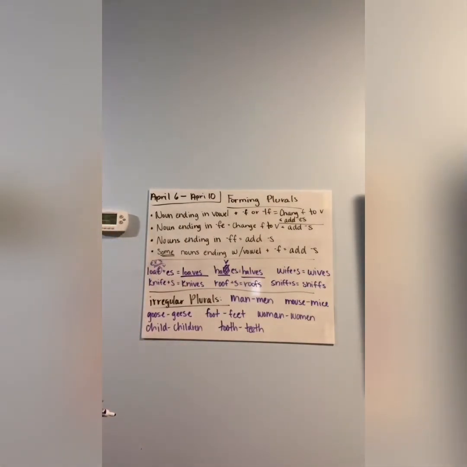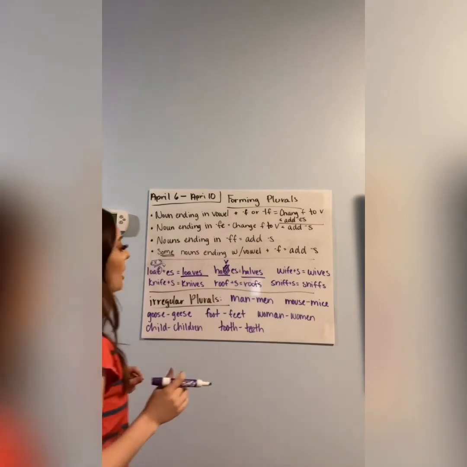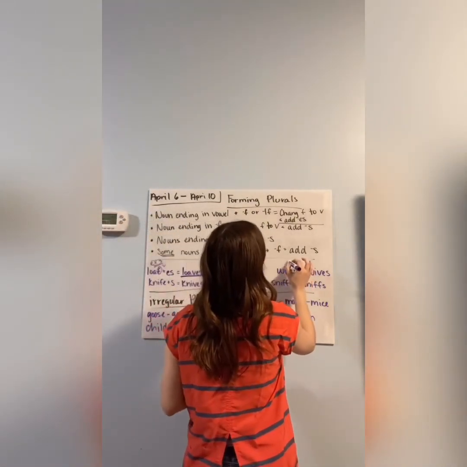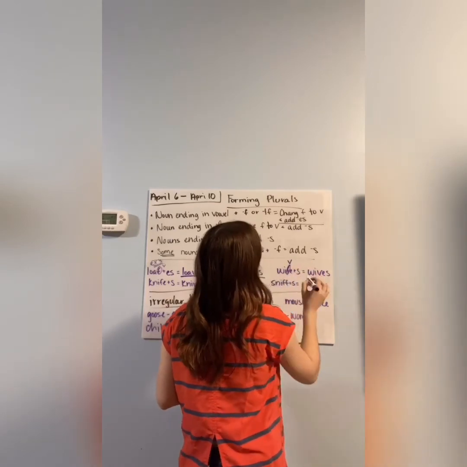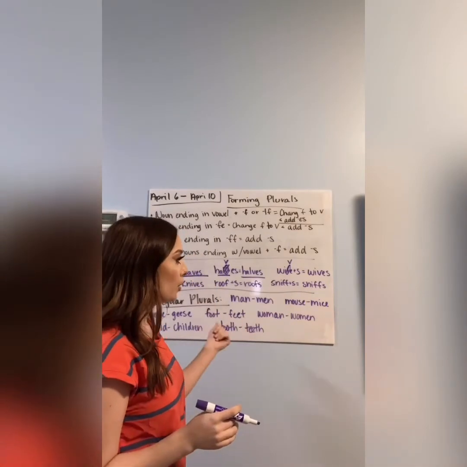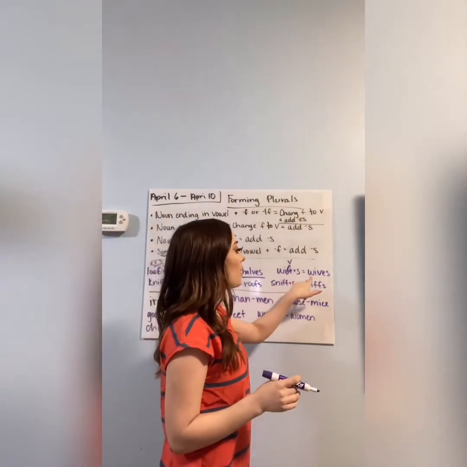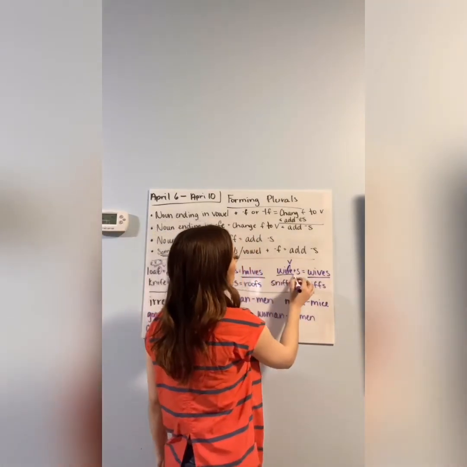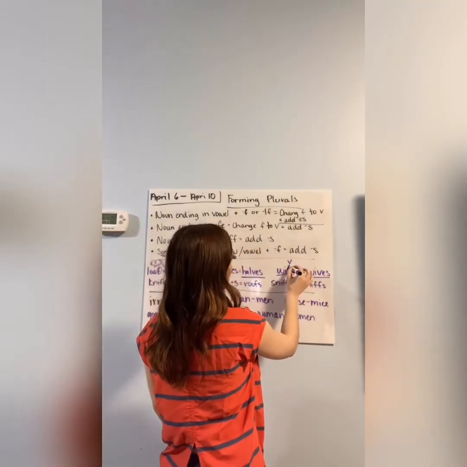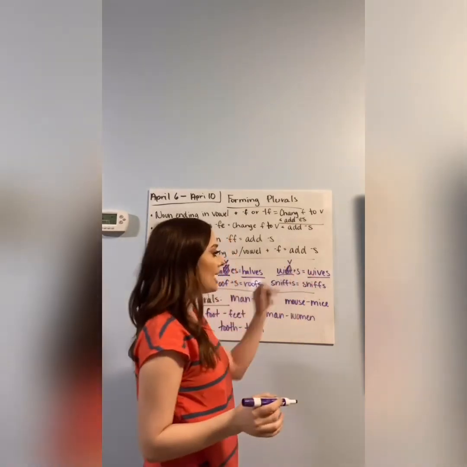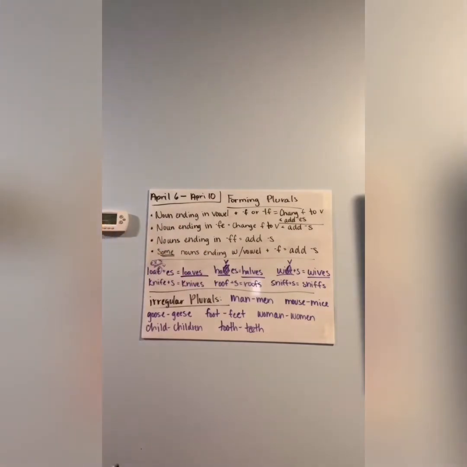So since that's the case in this noun, we would have to change the F to a V and we would have to add S. So when we are making our noun wife plural, the word would become wives, W-I-V-E-S, because our noun wife ended with an F-E, so we had to change that F to a V and add an S. So our plural word is now wives, W-I-V-E-S.